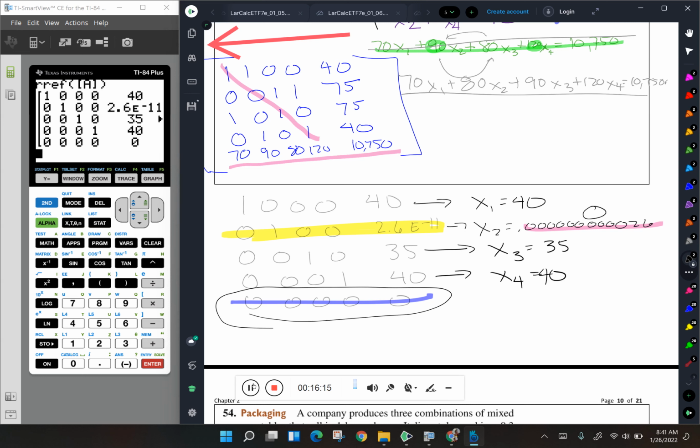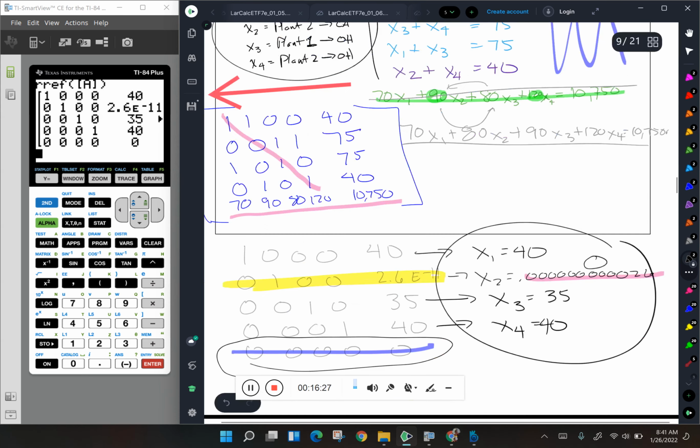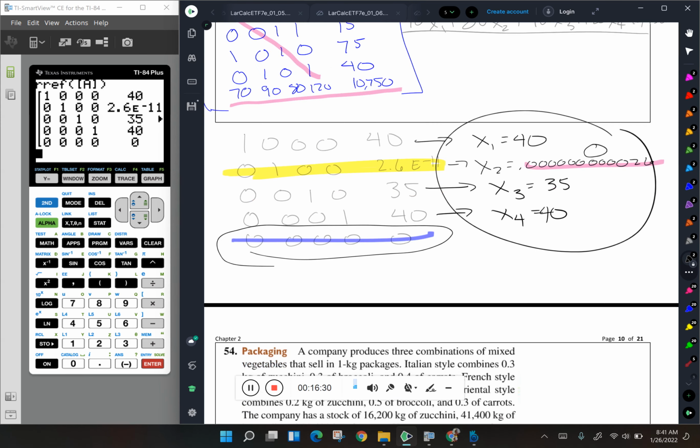But we still have a problem. This isn't the answer because we made up those variables. I made them up here. And so if I need to answer this problem, I have to answer it in terms of the original setup. And so x1 meant plant 1 or supplier 1 to California. So they need to order 40 for supplier 1 to be shipped to California.